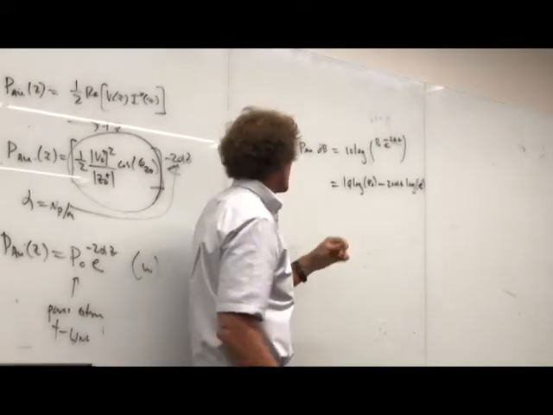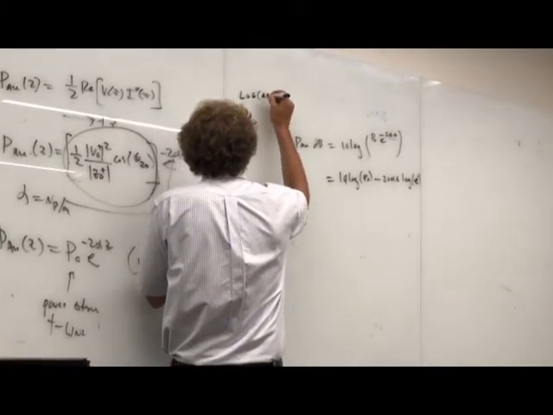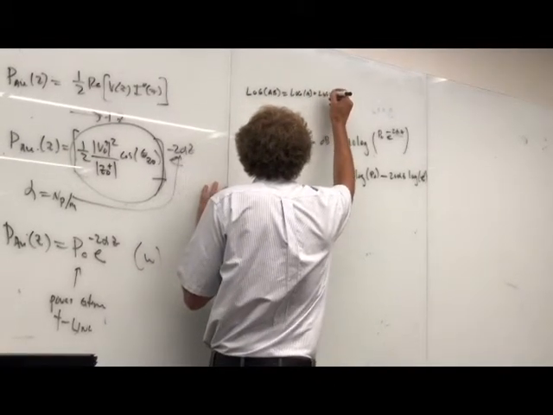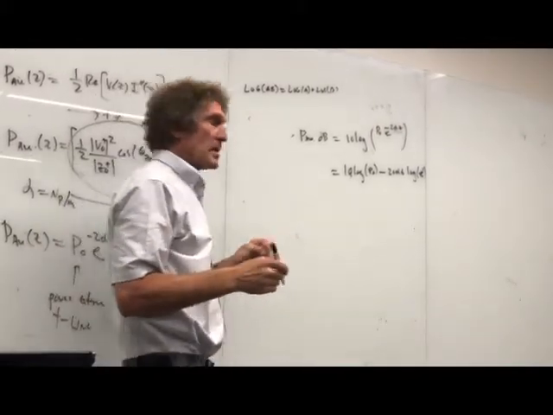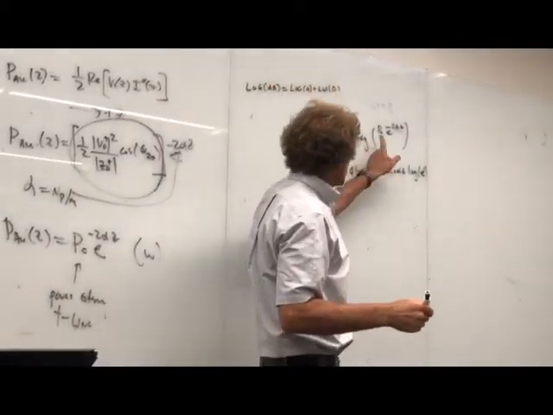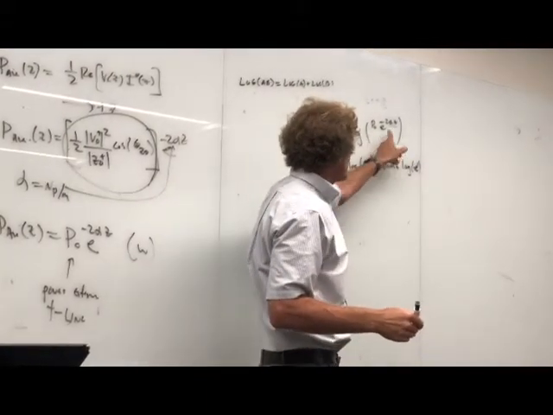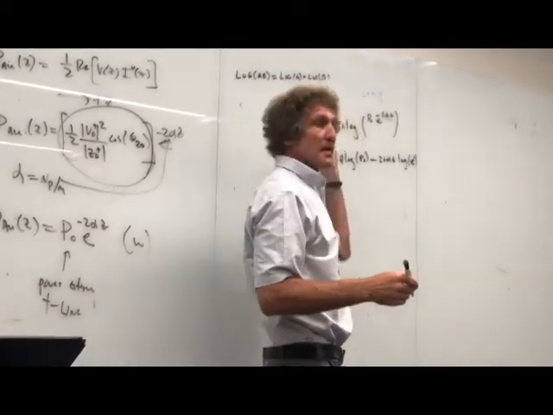Now, you know, when you have log of a times b, that's log of a plus log of b. Do you all agree with that, class? So what I did is take log of P0, multiplied by 10, broke it off, and then I took log of e to the minus 2 alpha z. Well, log of e to the anything brings the anything out in front, right?